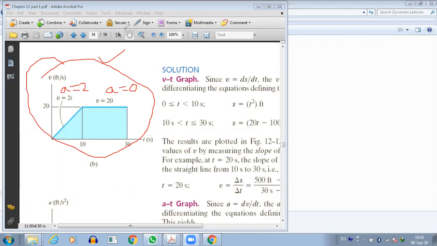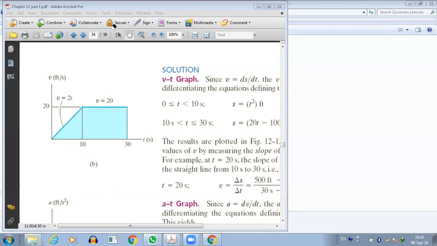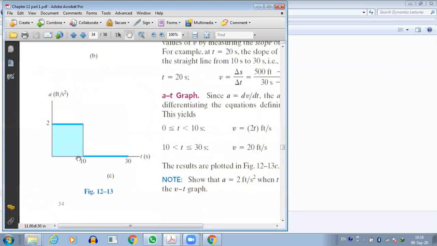So let's see this thing here. Look at here. 0 to 10 seconds, it will be 2. Then 10 to 30 seconds, it is 0. So I've drawn the AT graph. That was needed in the question: draw the VT graph, AT graph.